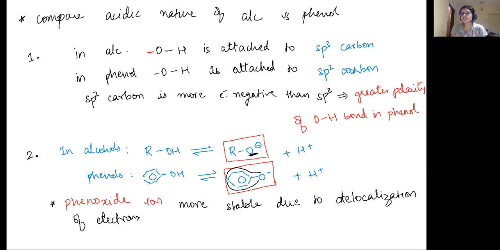Can you guys draw the resonance structures of phenoxide ion? I'll give you 5 minutes. Quickly draw all of them, there are about 4 or 5 resonance structures. Let me know if anyone is not able to draw it, and I'll display it over here. But if you are confident of it, then I won't reveal the answer. You guys draw it on your own.